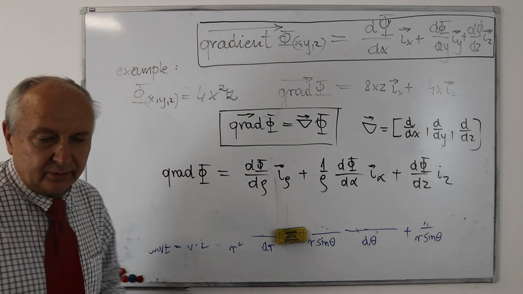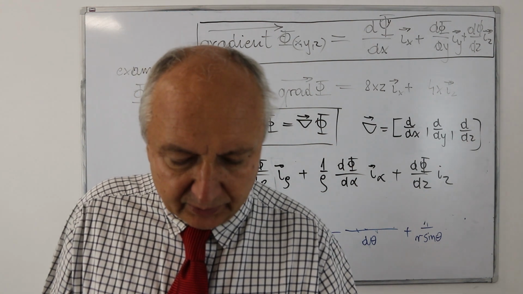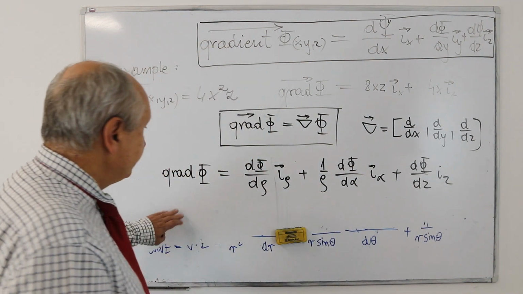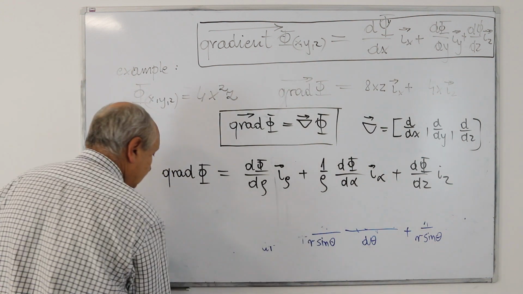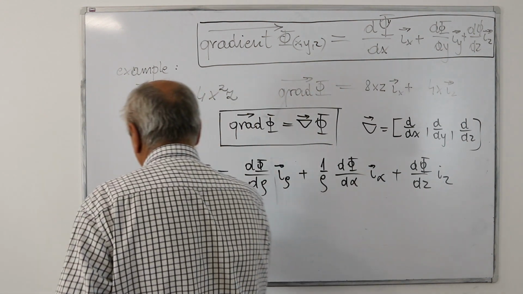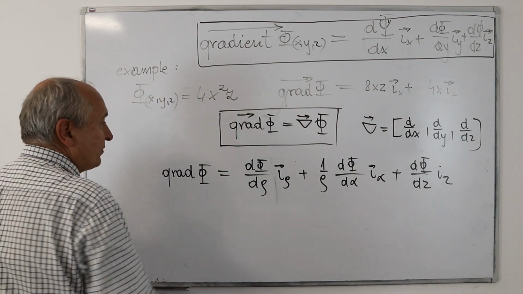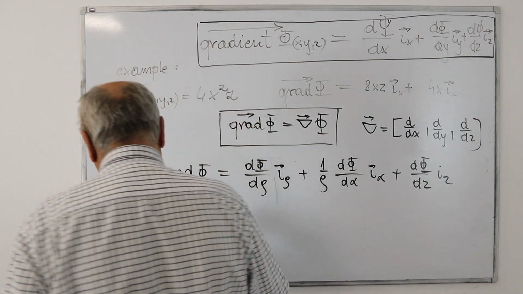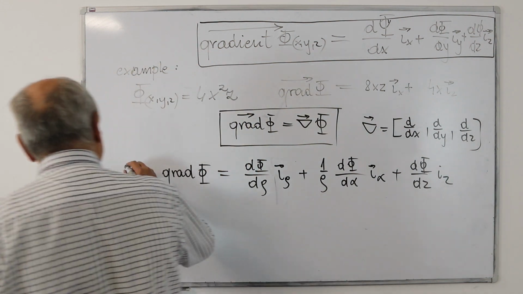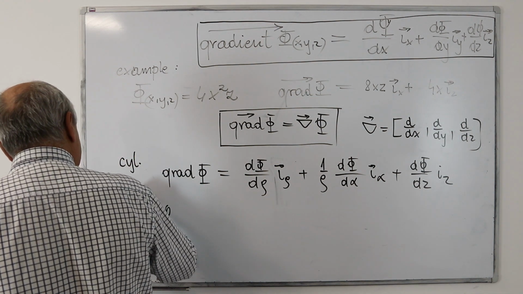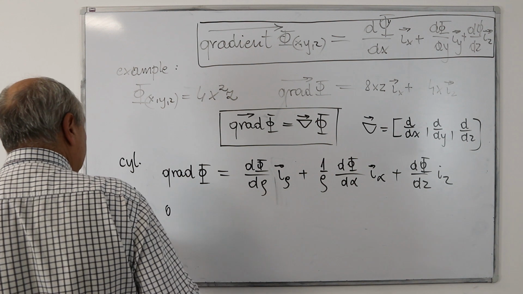This is easy to remember, but much more complicated is the gradient calculated in the spherical coordinate system. But maybe I will try it. I will write it so you have it. This is cylindrical. This is spherical.